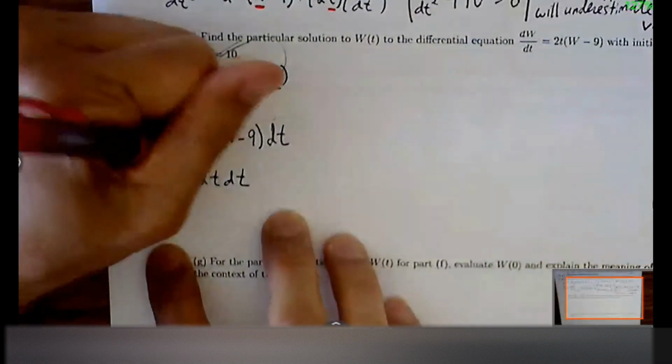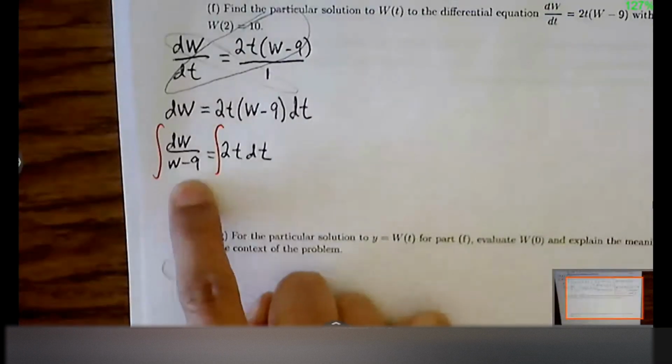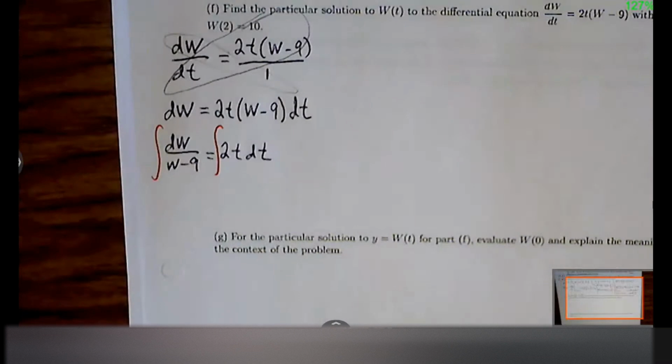Okay, we're ready to explore integral rules. Right side is power rule, but the left side we'll go through a little bit of U-substitution to see if we can get it ready for what we suspect to maybe be a natural log rule.